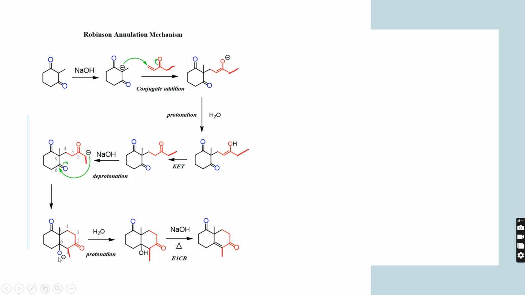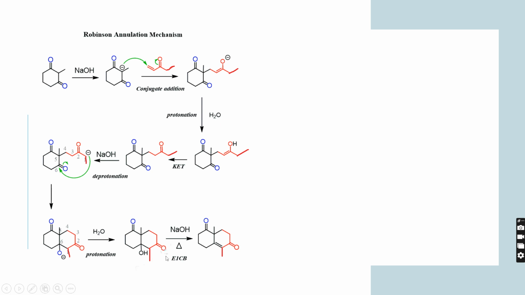Now it will easily get protonated by taking a proton from the proton-rich medium, which is ethanol, the solvent. So after protonation you get this diketone compound.